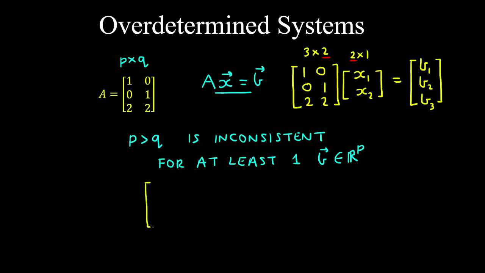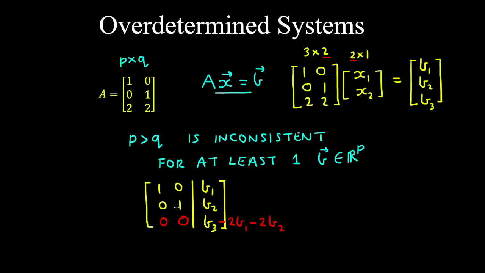Now if we augment our matrix A with our vector b, and if we subtract 2 times row 1 from row 3, we get a 0 and minus 2b1. And if we subtract 2 times row 2 from row 3, then we get a 0 and minus 2b2.